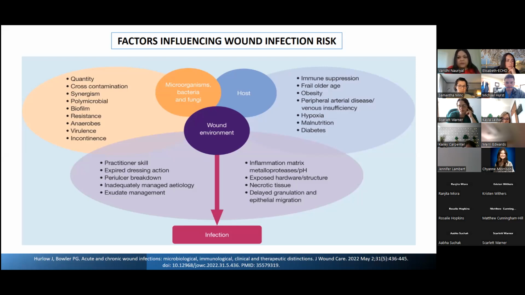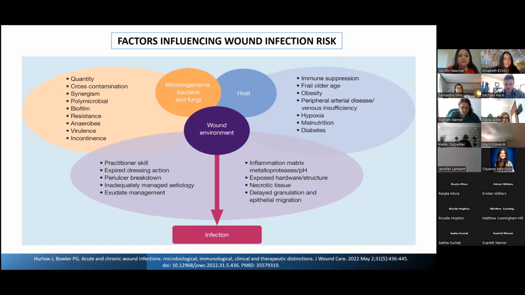In terms of host factors, we are all fairly good at identifying risk factors like immunosuppression, old age, and obesity, and we've talked extensively about peripheral arterial disease, venous insufficiency, and diabetes in our previous lectures here that contribute to this risk.